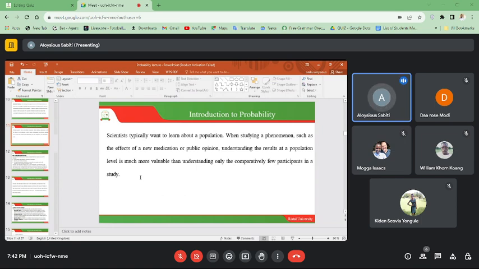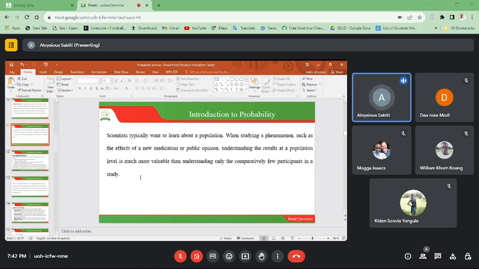Or let us say there is a new dosage of anti-malarials that have been introduced in a population. So we want to understand what are the effects, what is the population's opinion, or what are the results of this new kind of medication at a population level. It is much more valuable than understanding only the comparatively few participants in the study.